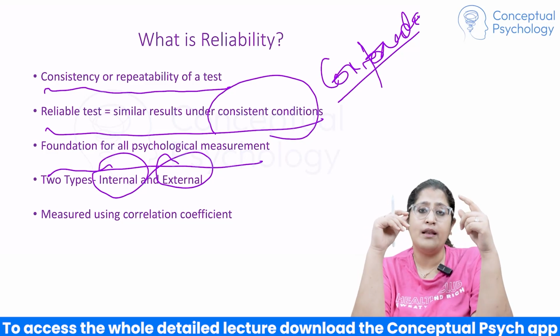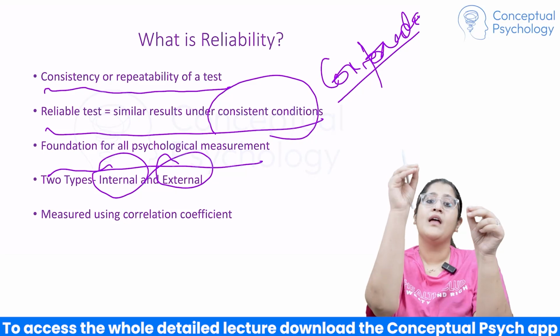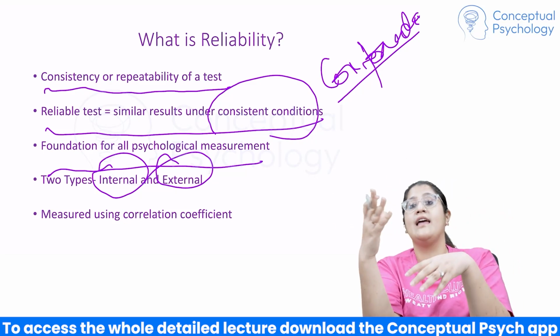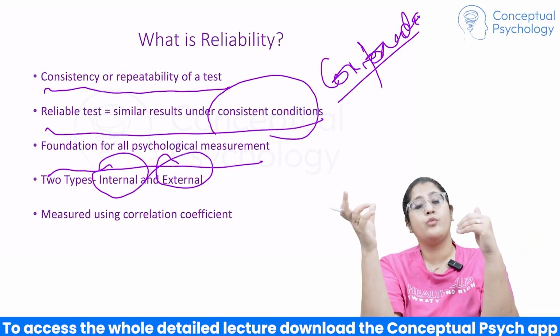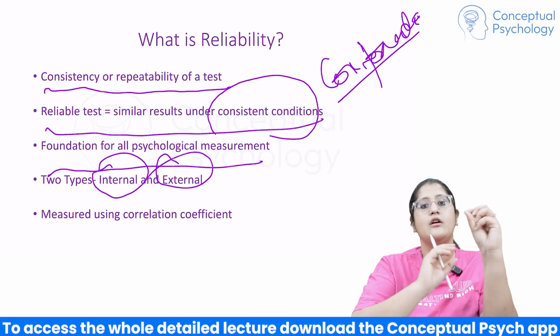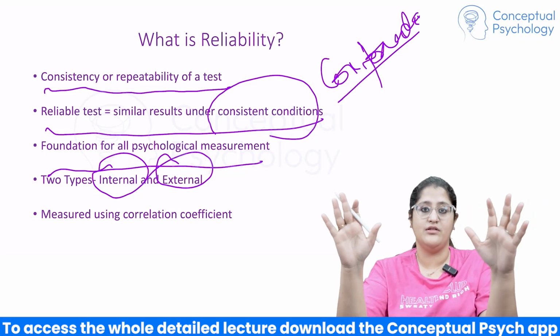So when the test is internally reliable, it means कि हर question में उसका psychomotor retardation आएगा या नहीं आएगा, right? ऐसा नहीं होगा कि एक question में बहुत ज़्यादा psychomotor retardation आ रहा है, एक question में आ ही नहीं रहा. So that means that the test is internally reliable, right?